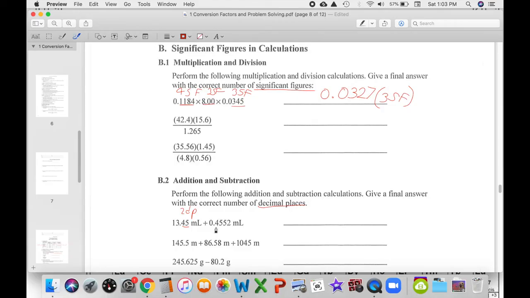After our decimal point is the 4552, that's 4 decimal places. So which of these numbers has a lower level of precision? Well, 2 decimal places is a much fewer number of decimal places. So when it comes to writing out our answer, we can only go to a maximum of 2 decimal places.